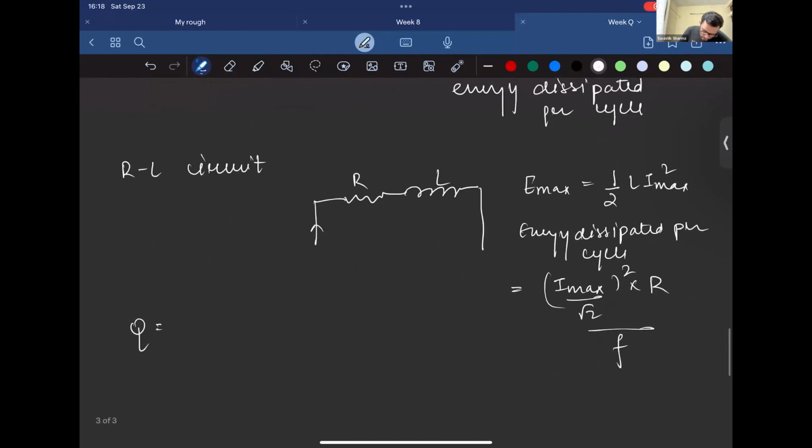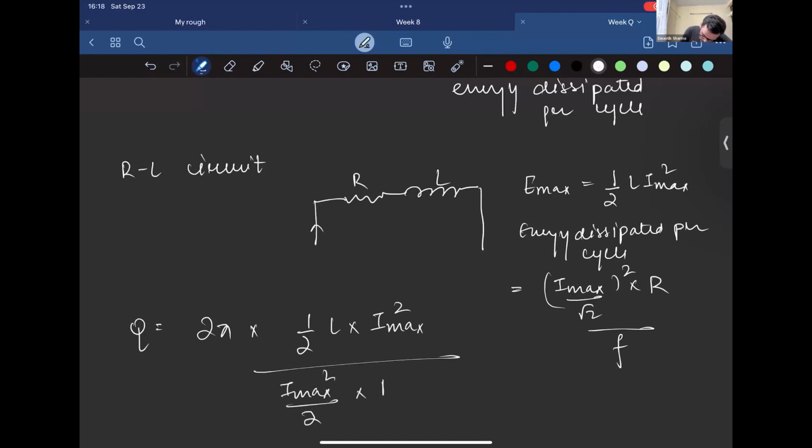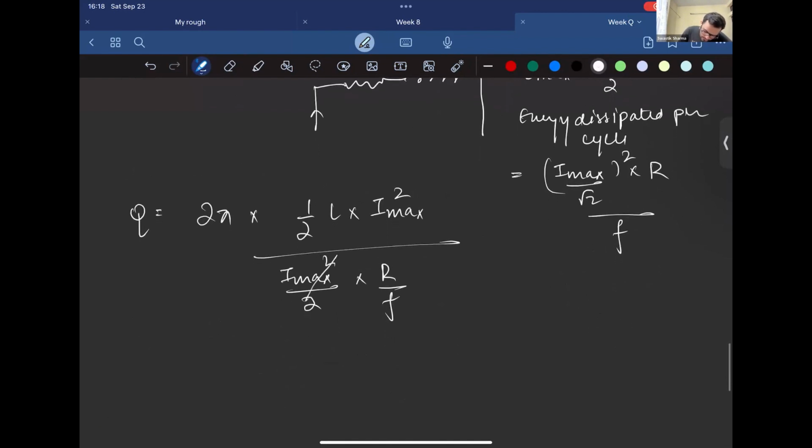So Q is what? 2 pi into half L into I max square, divided by I max square by 2 into R, divided by frequency. So these two terms will cancel out. What we are left with is 2 pi F L upon R. What is 2 pi F?